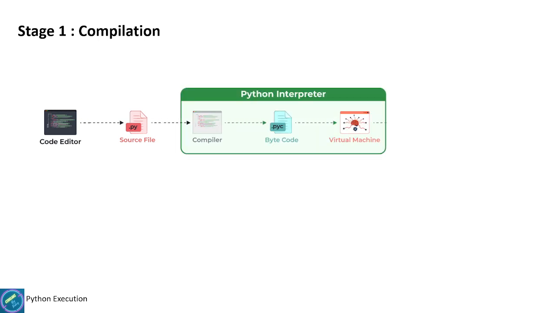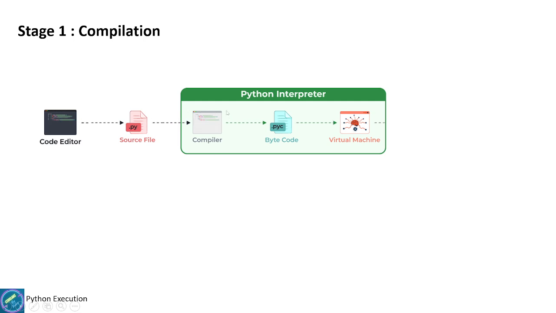Then the Python interpreter comes with three things. The first is a compiler, the second is a .pyc file, and the third is a virtual machine. In the code editor, whatever IDE we have used, we write code and it generates a source file which we save with the .py extension. After that we run the command python followed by the file name, and the file goes to a compiler.